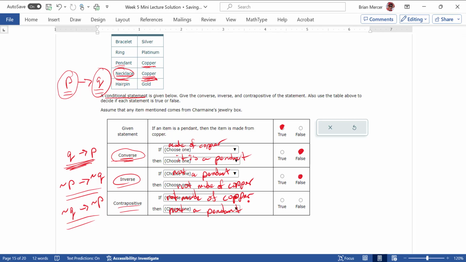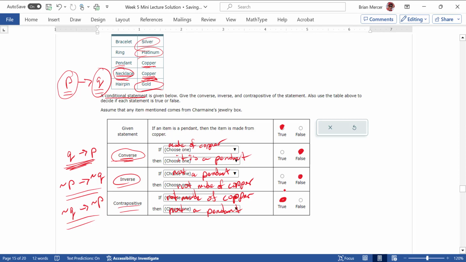So if it's not made of copper, so that's this, or this, then that's true. It's not a pendant. So now we can decide that that statement is true.